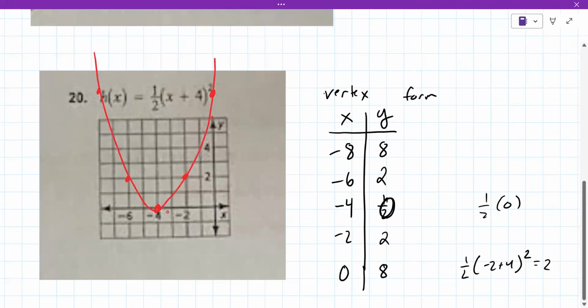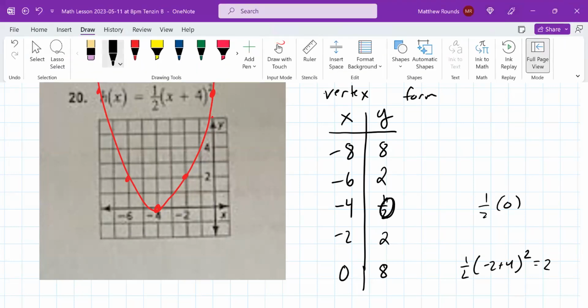Something like that. Any questions on that before we move on to number 21?